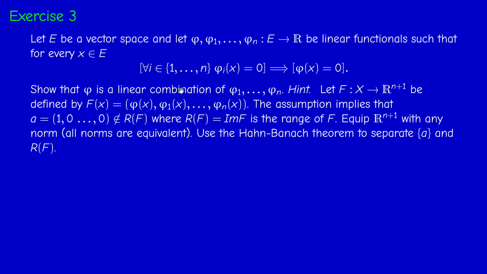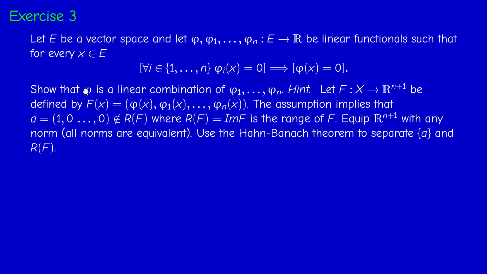This is actually an algebraic lemma that you probably encountered in a course on algebra. We assume that if all phi i vanish at x, then phi vanishes at x. Or otherwise stated, the intersection of the kernels of phi i is contained in the kernel of phi, if you like.